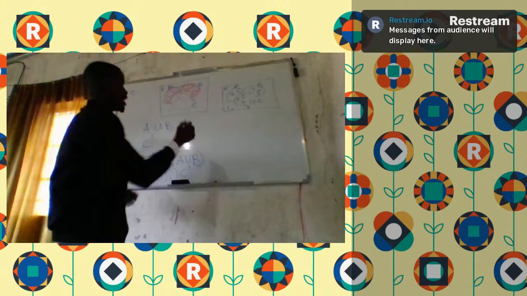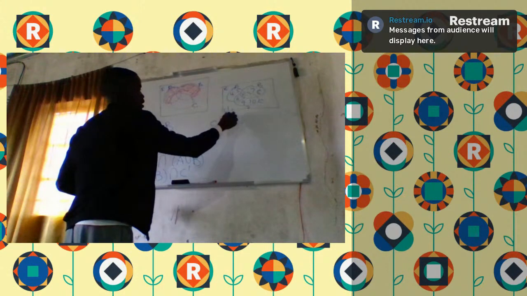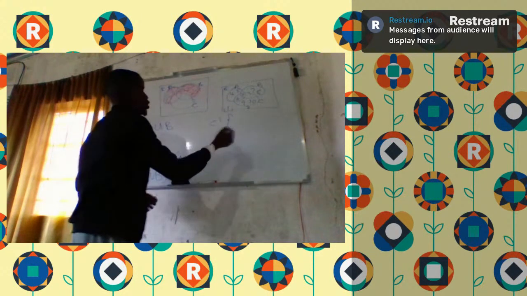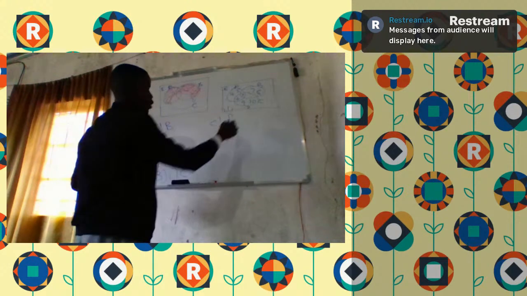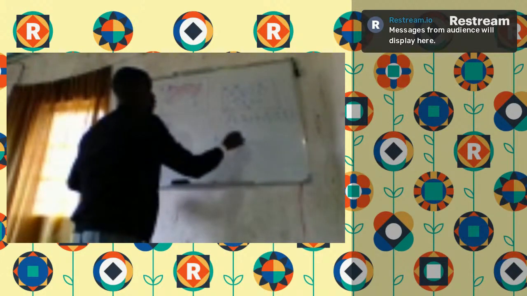So in this case, C complement was going to be 1, 2, 4, 5, 7, and 8. Okay, that is C complement. Then A union B was going to be 4, 5, 6, 7, 8, and 11. I have to write in ascending order.